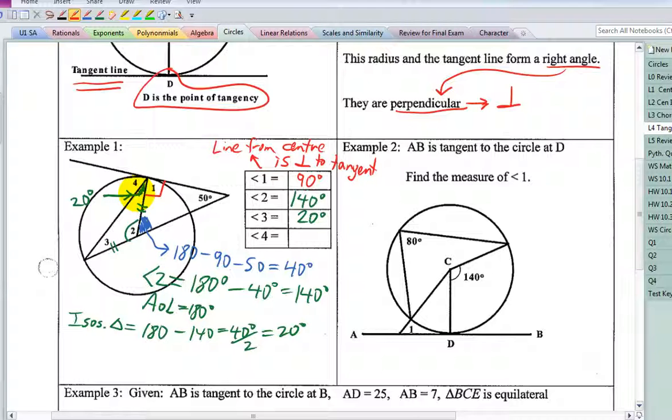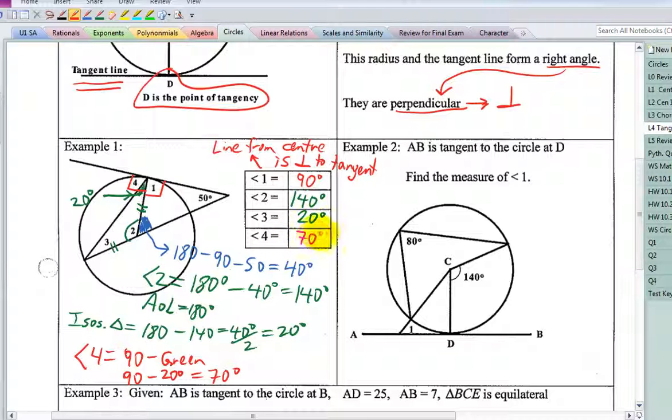Good. So angle 1 is 90 degrees. The green angle and angle 4 are also on the tangent line, so they also add to 90. And together, the tangent line will be 180. So angle 4 equals 90 degrees minus the green angle. So 90 degrees minus 20 degrees, which is 70 degrees.